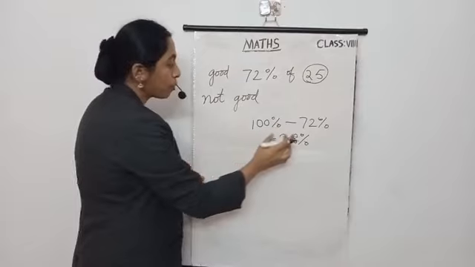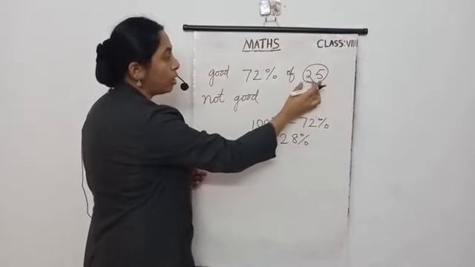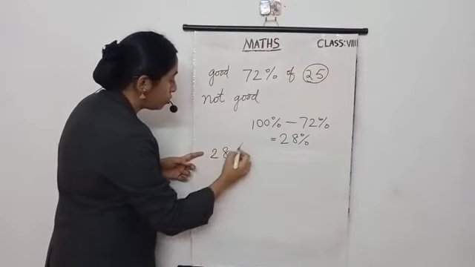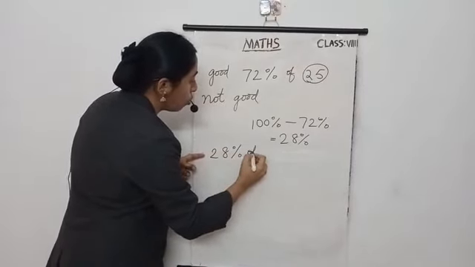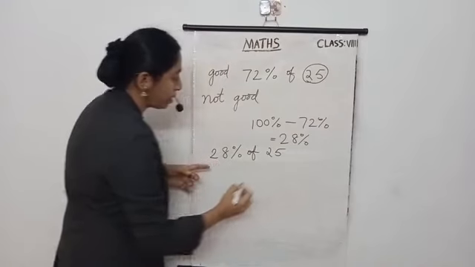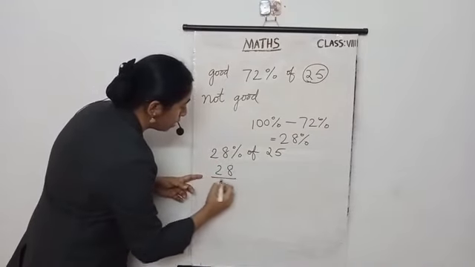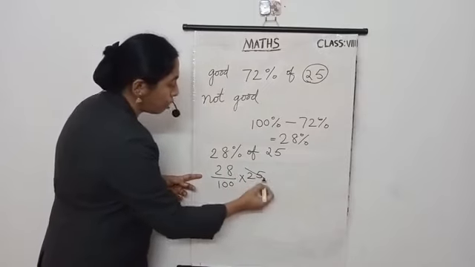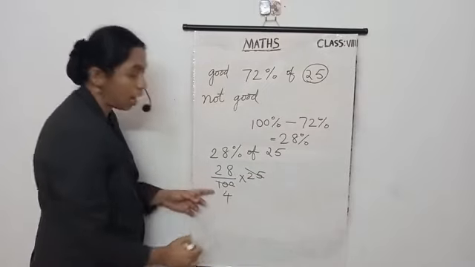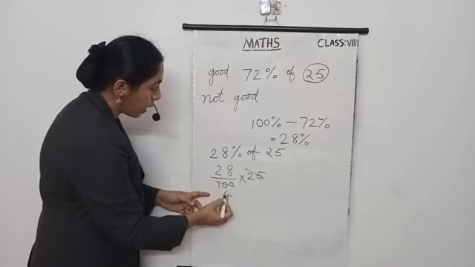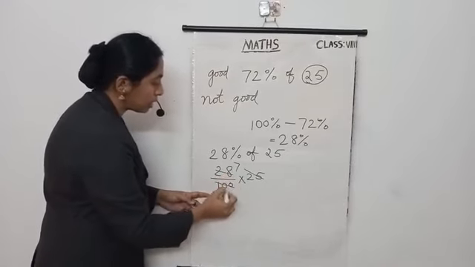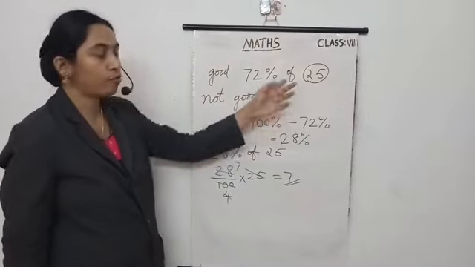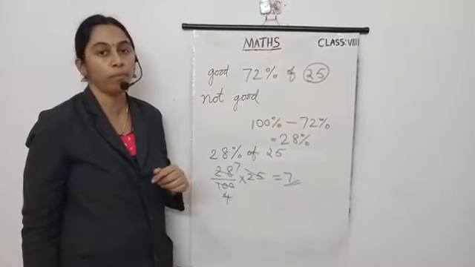That is 28 by 100 into 25. Now 25 into 4 we get 100, and 28 by 4 we get 7. 7 4s are 28. That is 7 students out of 25 are not good in mathematics.